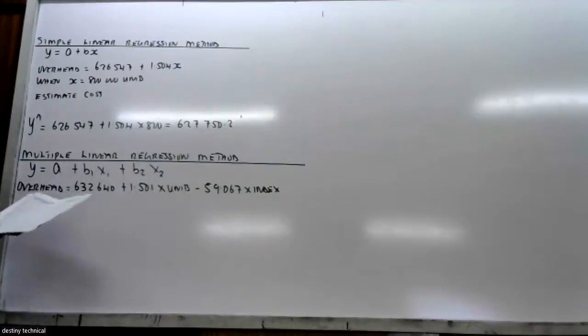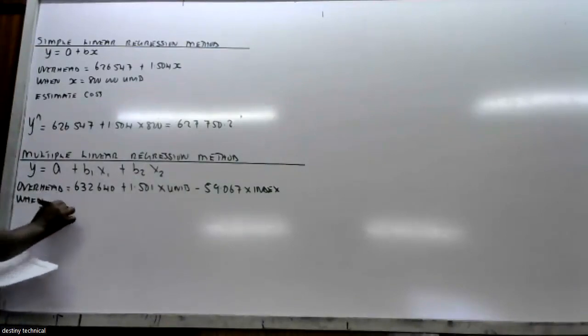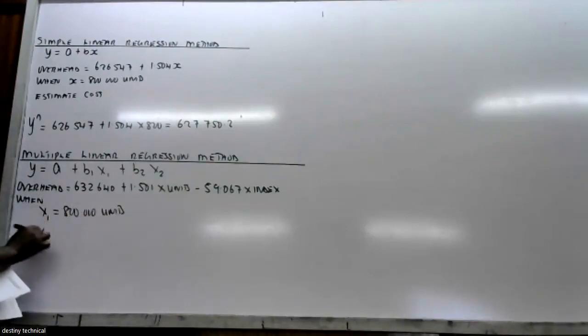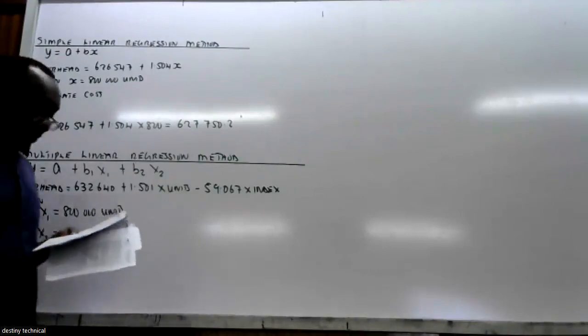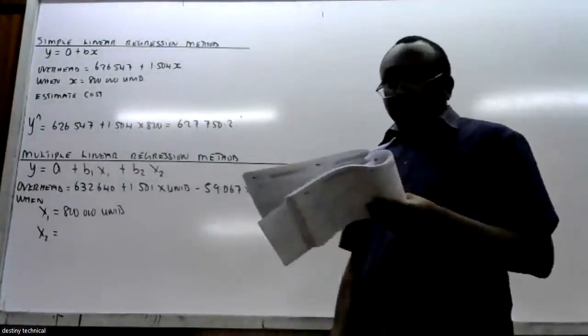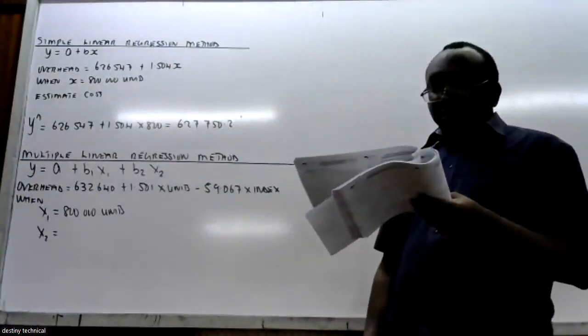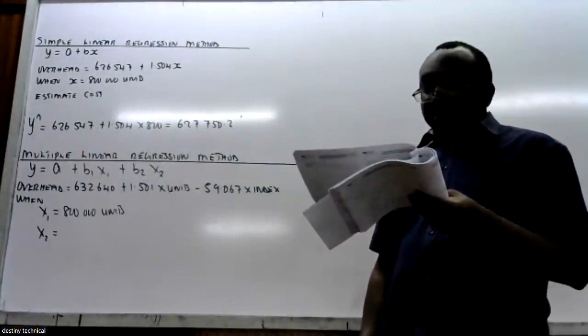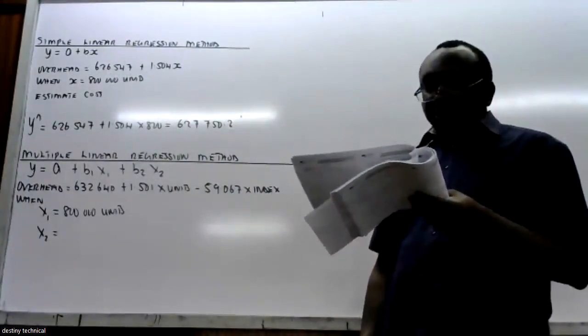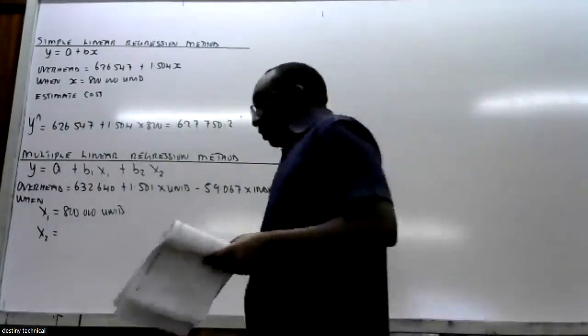So when X1 is 800,000 units, X2, the index, if you look at information 2, for cost estimation purposes, it is intended that the coming period's value index will be the same as that of the last period, which is 113.